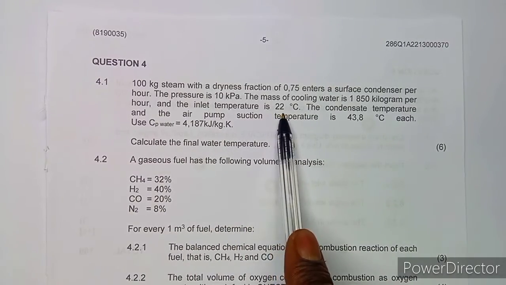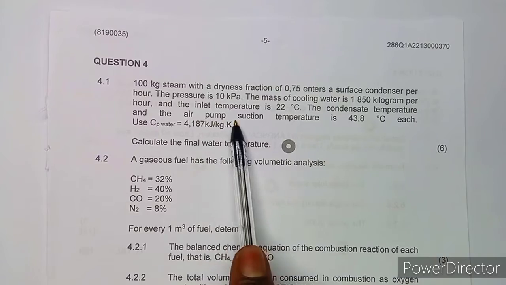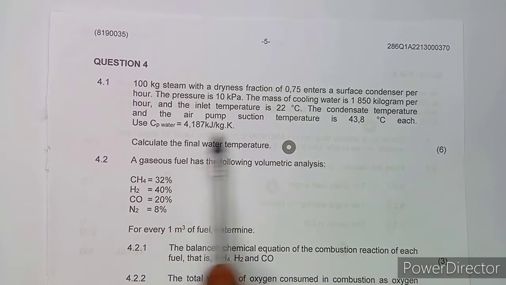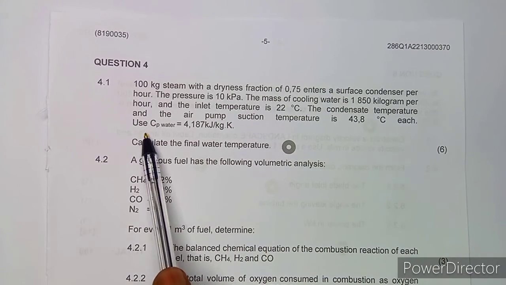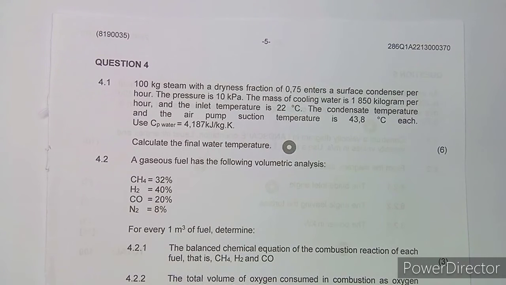The inlet temperature is 22 degrees Celsius. The condensate temperature and the air pump suction temperature are the same. Then use 4.187 for CP for water. Then calculate the final water temperature. What is the final water temperature in this case?